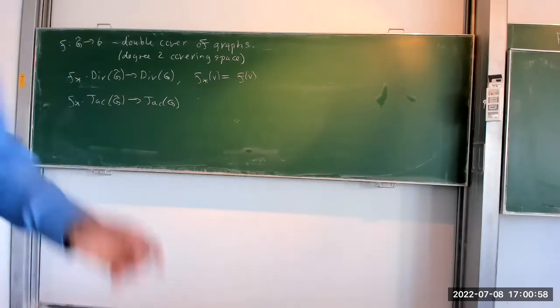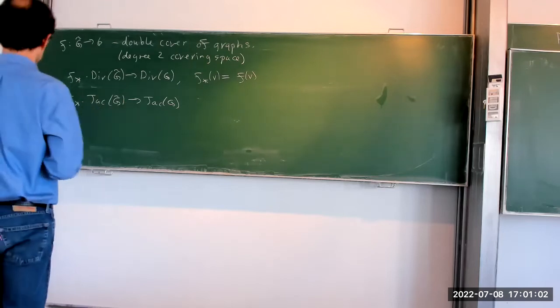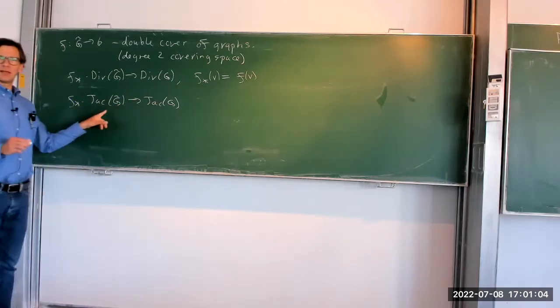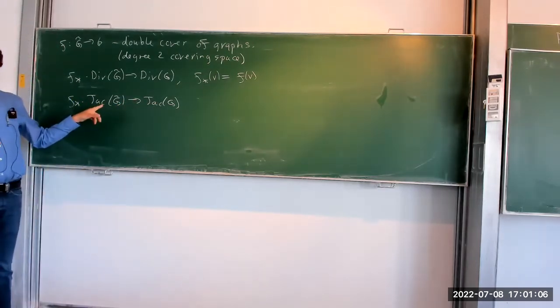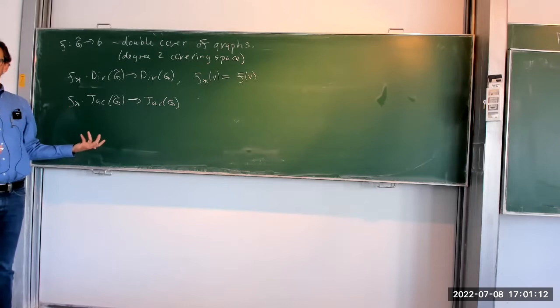Okay, and so what we want to do is say that the Prym group of this double cover is the kernel of this map. Of course, I want to say it's not just the kernel, it's the connected component of the identity of the kernel, but that doesn't make sense for finite groups, right?